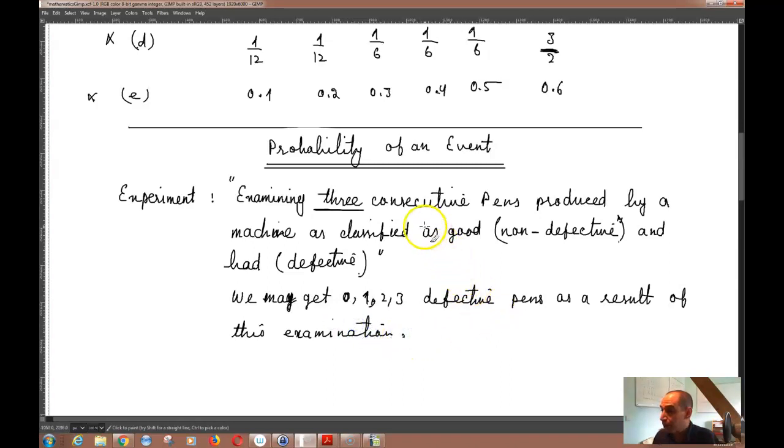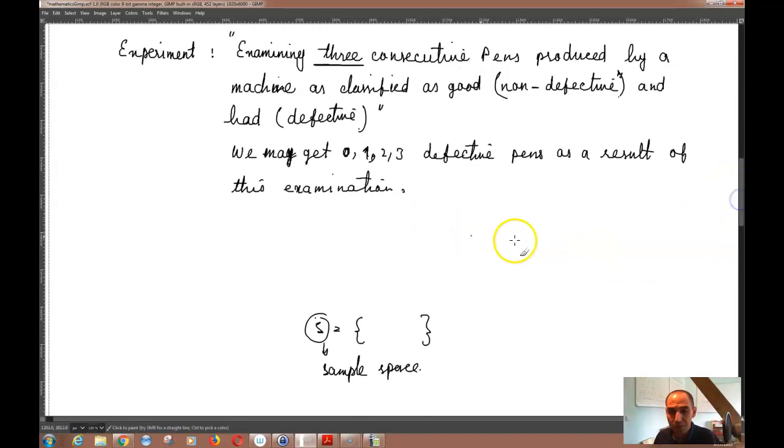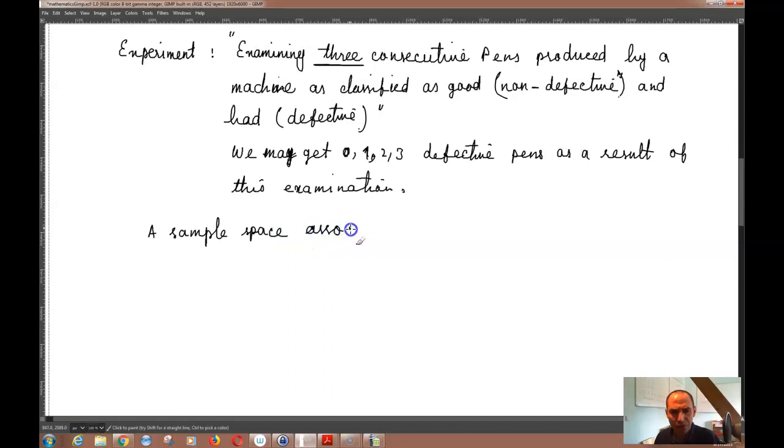Now, a sample space associated with this experiment, let's write the sample space as this.